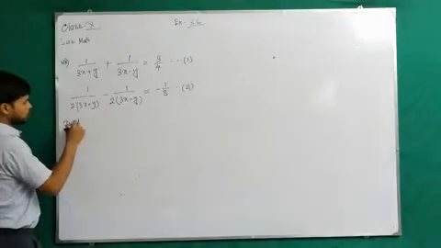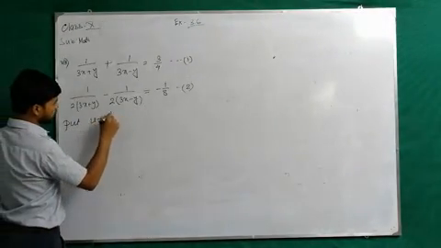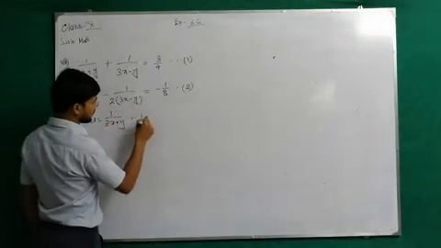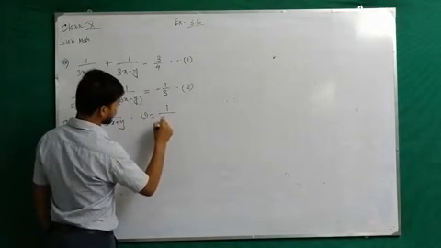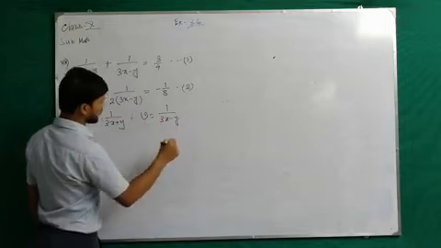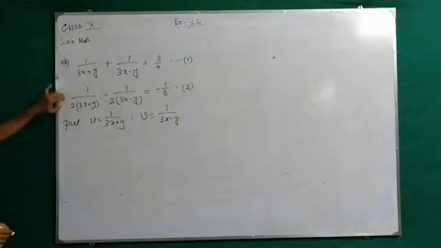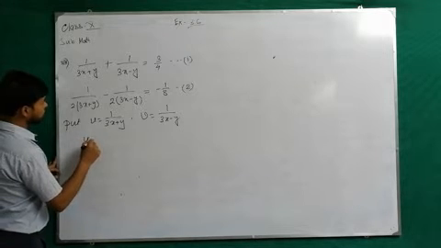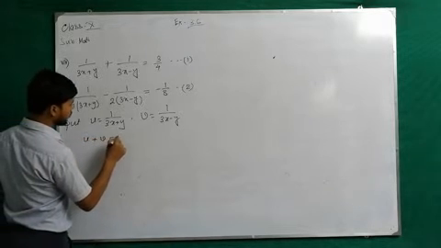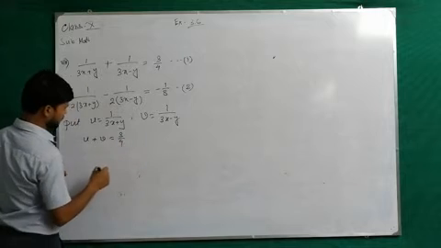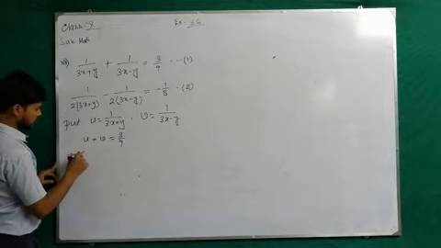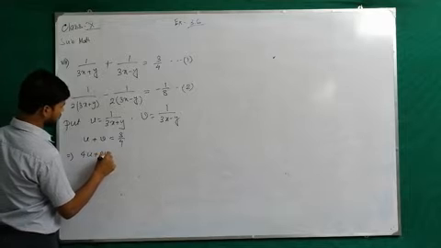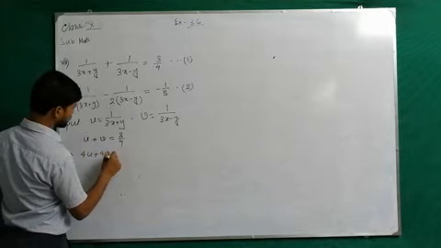Now look, if you put here u equal to 1 by 3x plus y and v equal to 1 by 3x minus y, then these two equations will be converted into u plus v is equal to 3 by 4.